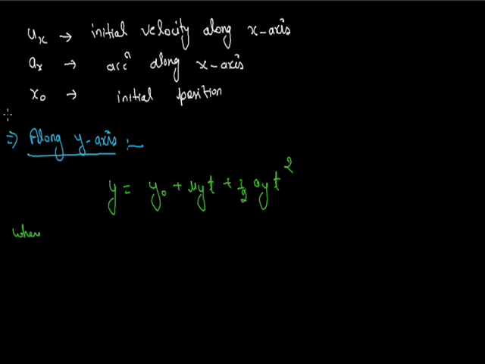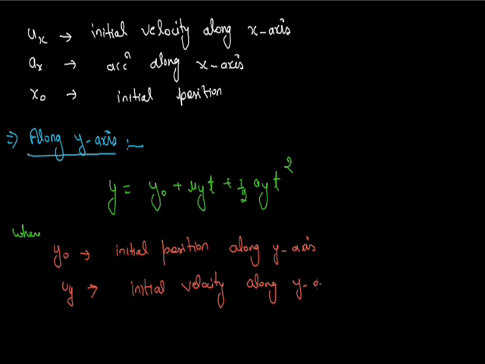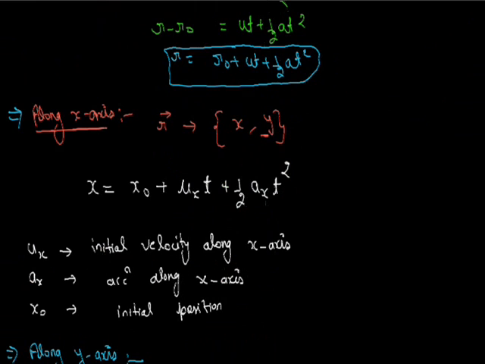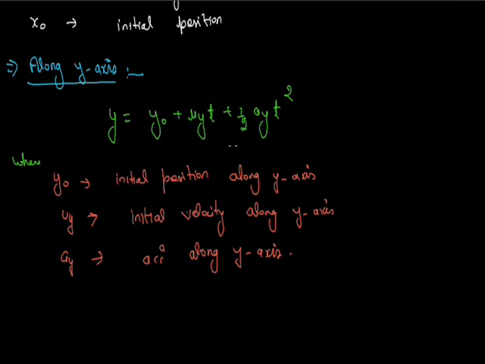Same here, this y naught is the initial position along the y-axis, uy is the initial velocity along the y-axis, and ay is the acceleration along the y-axis. This is our displacement in component form. This is along the x-axis, fine, and next is this along the y-axis.